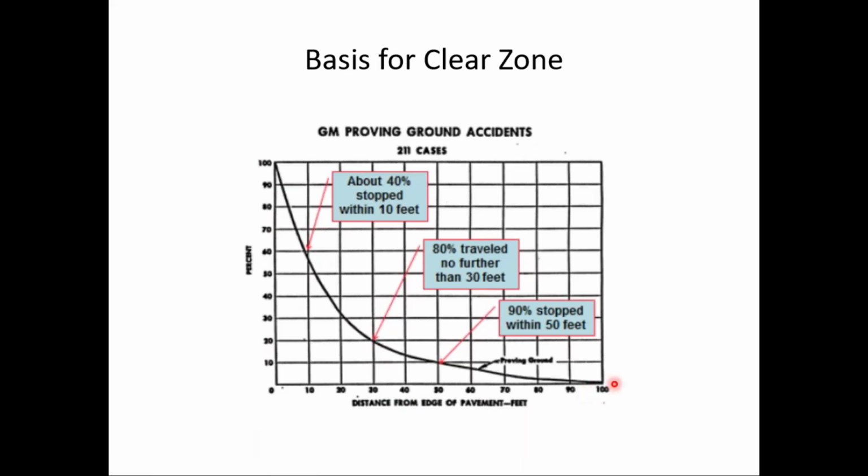And maybe because traffic engineers oftentimes used to look at the 85th percentile speed, roadway engineers looked at this and said, well, 80% travel no farther than 30 feet. Let's make the clear zone 30 feet.